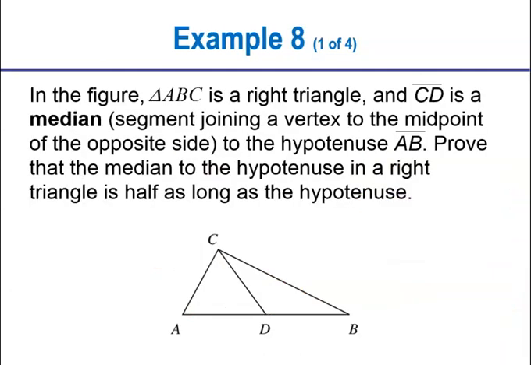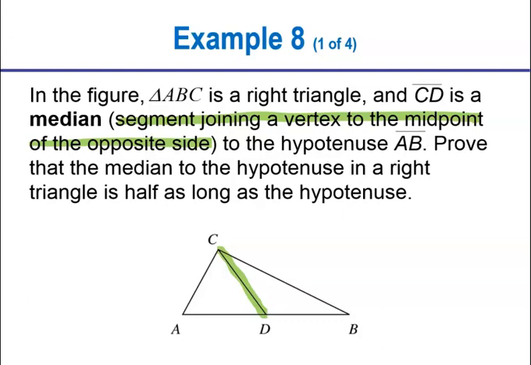So we have another proof, example 8. Again, we're just going to break this down and make sure this argument makes sense to us. It says in the figure, triangle ABC, so that's the big triangle, is a right triangle, and CD is a median. This line, I'm going to highlight it for you right here, is what we call a median, and it defines it here for us: a segment joining a vertex to the midpoint of the opposite side.